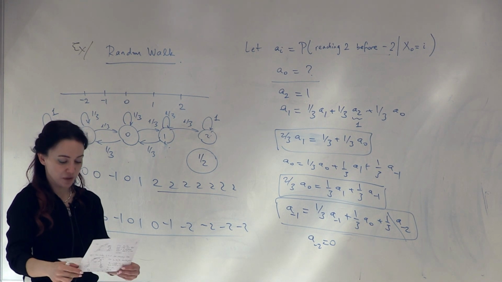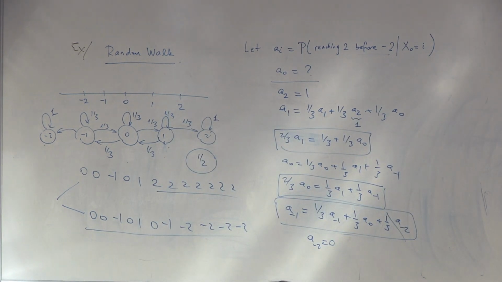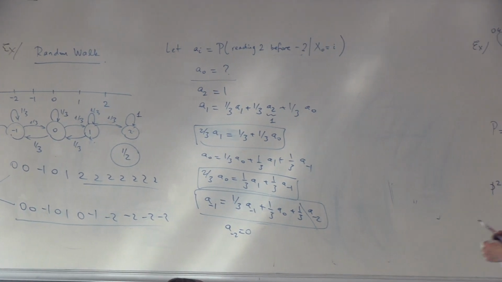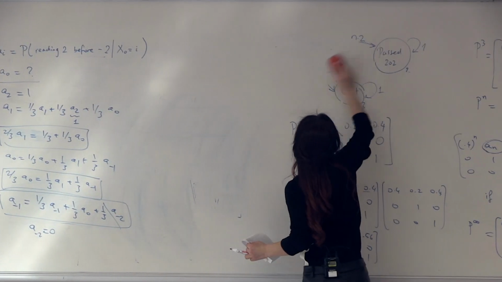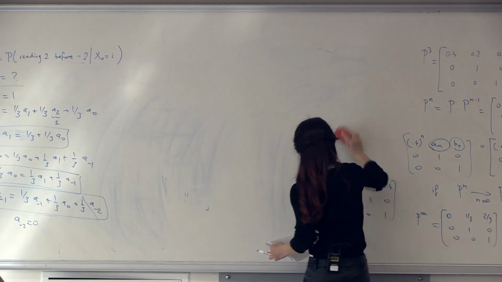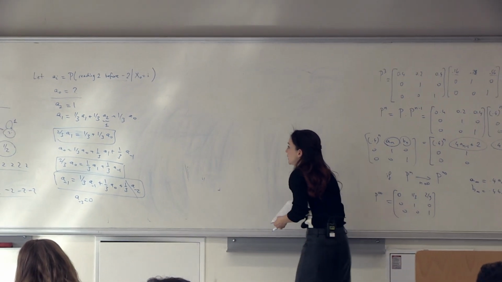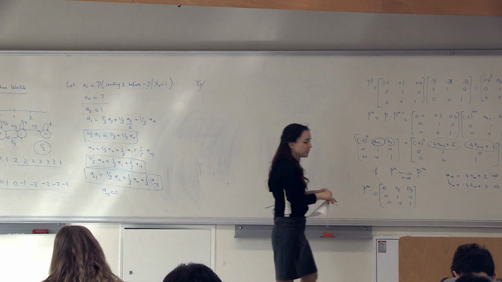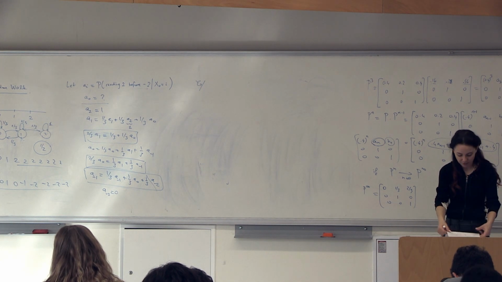So the next question, and we may not have time to finish it, is about doing a random walk on a finite set. In this example, it's like the spider and insect problem on the finite windowsill.